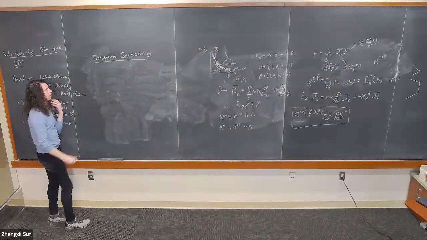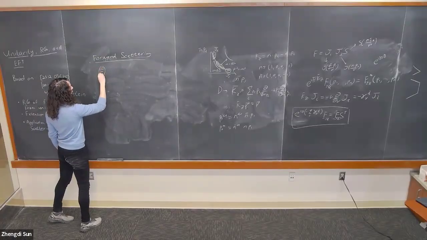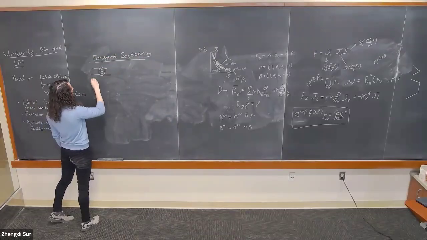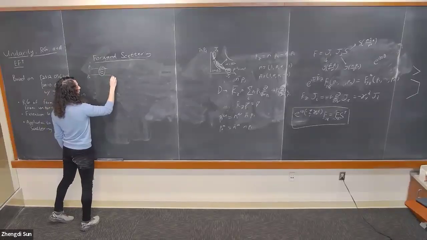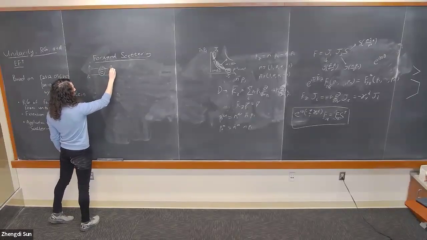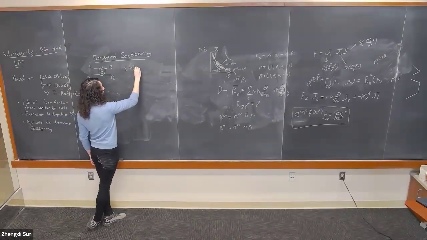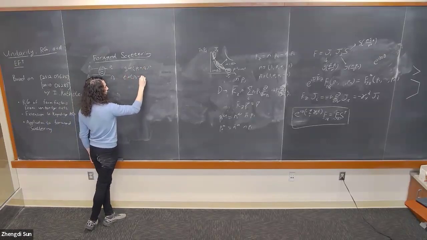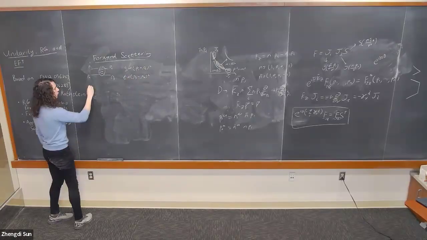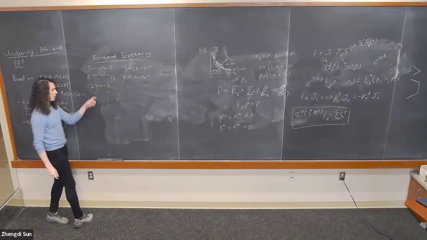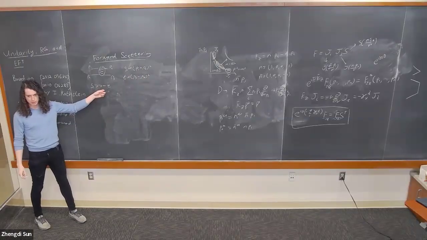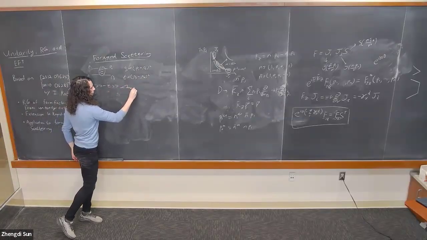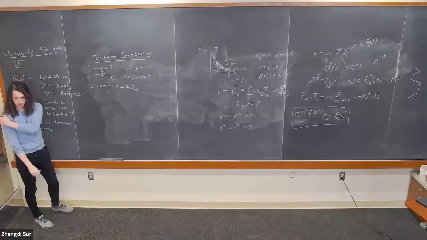So the case with forward scattering: we have our 2-to-2 scattering amplitude, or cross section if you want, with incoming momenta P1, P2, outgoing P3, P4, and Mandelstam S. The forward limit is the case where S is much larger than T, S being positive and T being space-like. And to keep things perturbative, we work above the QCD scale.